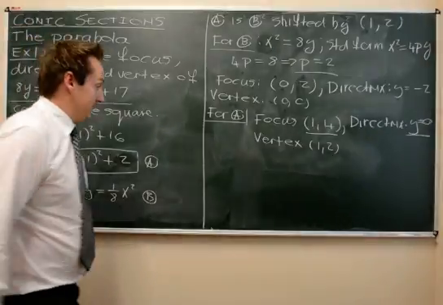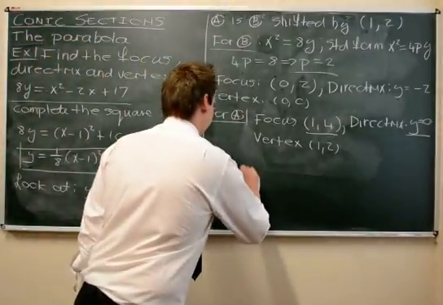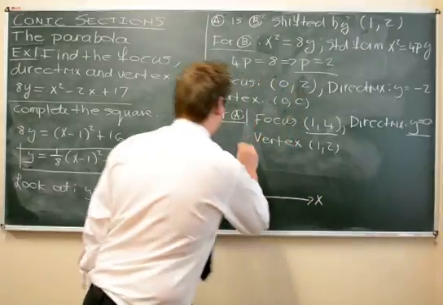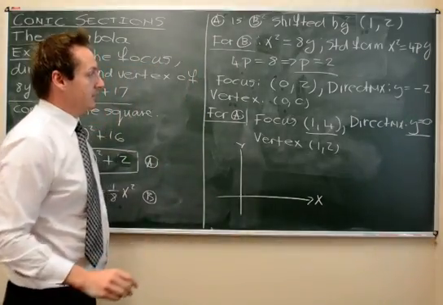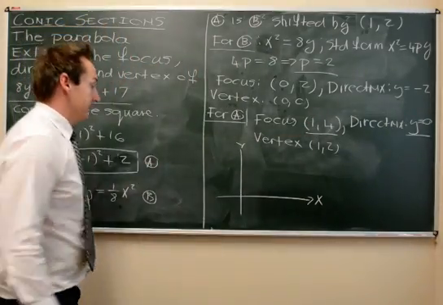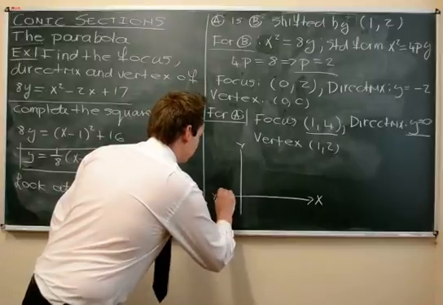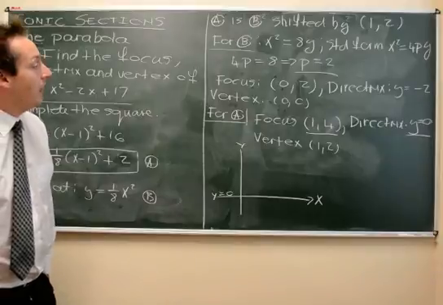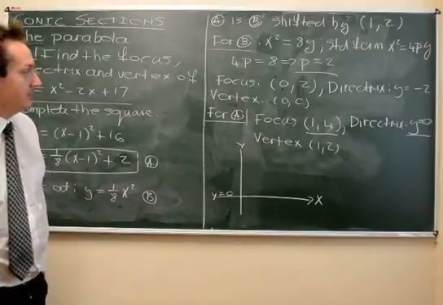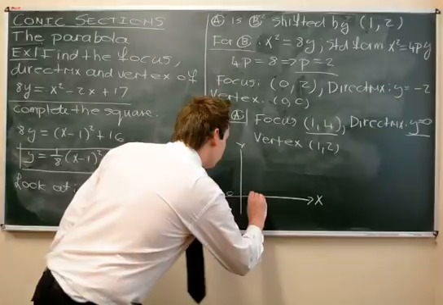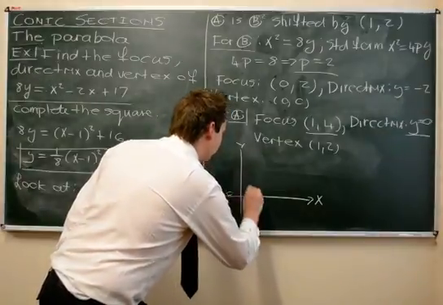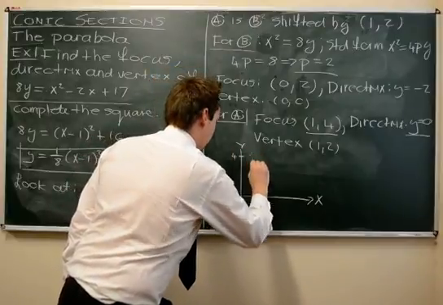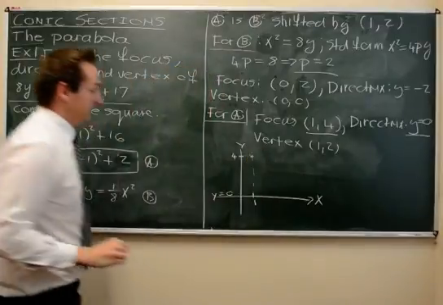We can sketch this parabola. The directrix is y equals 0, so that's the x-axis. There's our directrix. Our focus is at (1, 4), so let's say that's 1, there's 4, there's our focus.